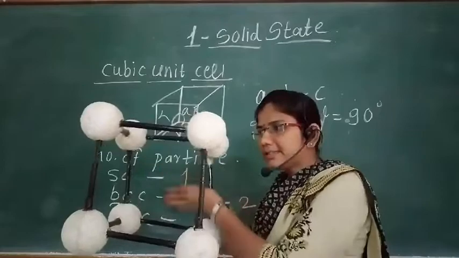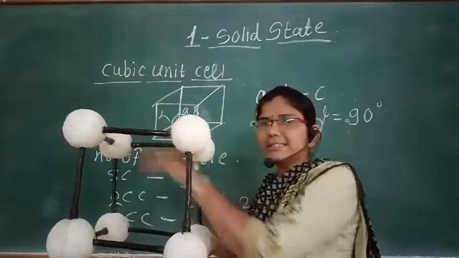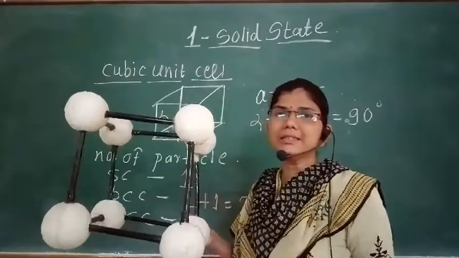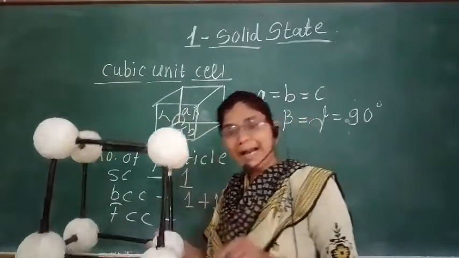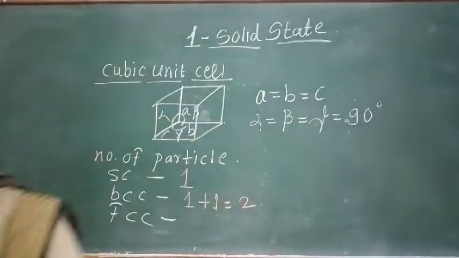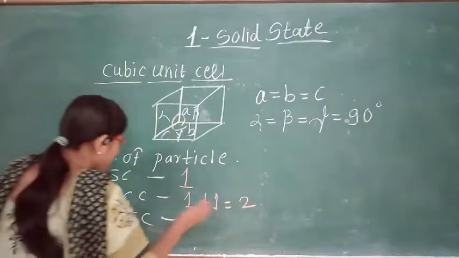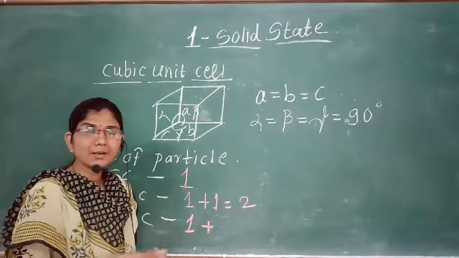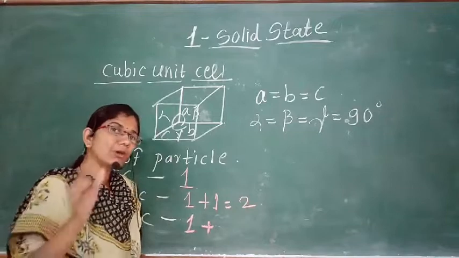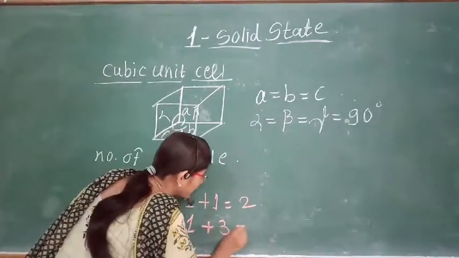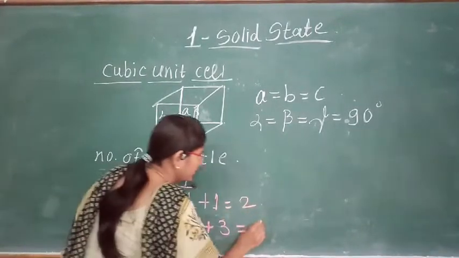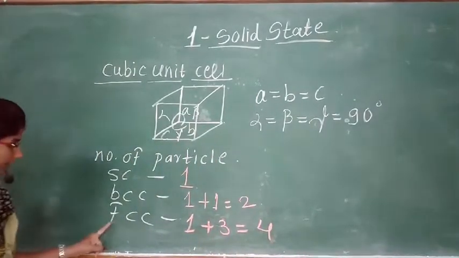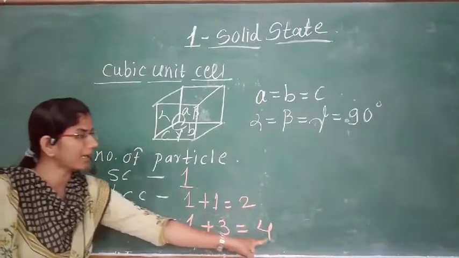So there are 6 faces, but only half part is involved per face, and therefore for the face centered, 1 plus 6 times half is equal to 3, and the number of particles per face centered cubic unit cell is 4.